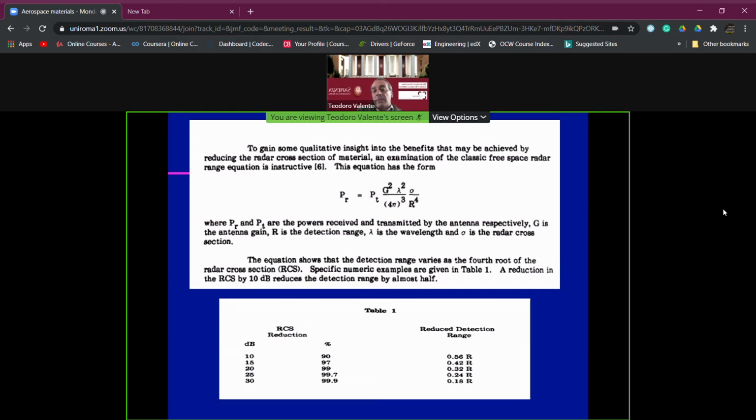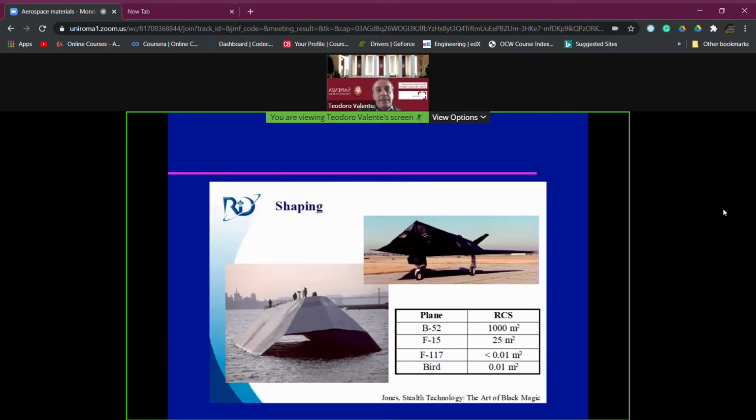Because if the detection range is lower, in order to detect the flying object, it needs to be nearer to the radar. And so it can be hidden from a bigger distance.